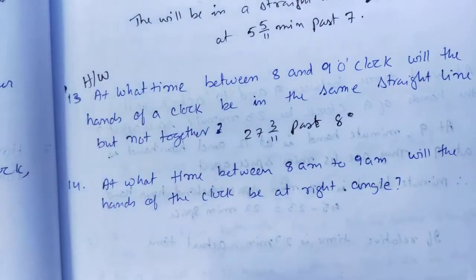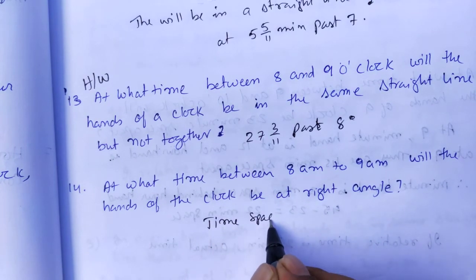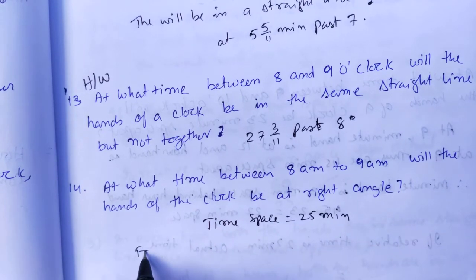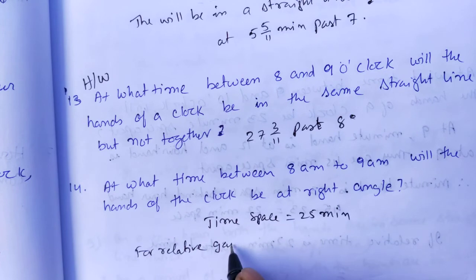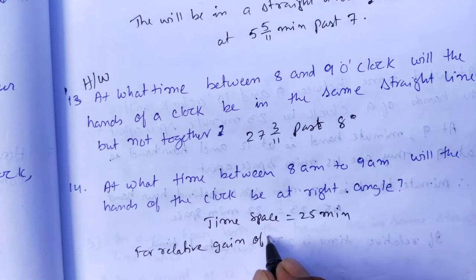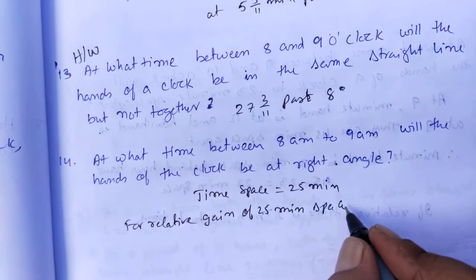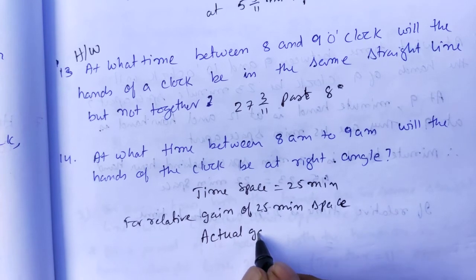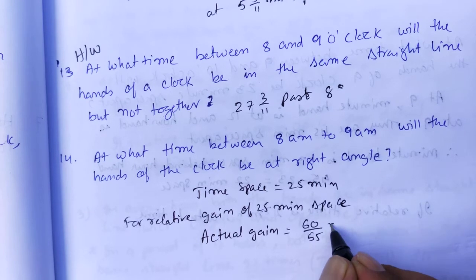So time space here is 25 minutes. So for relative gain of 25 minutes, the actual gain will be 60 by 55 into 25.